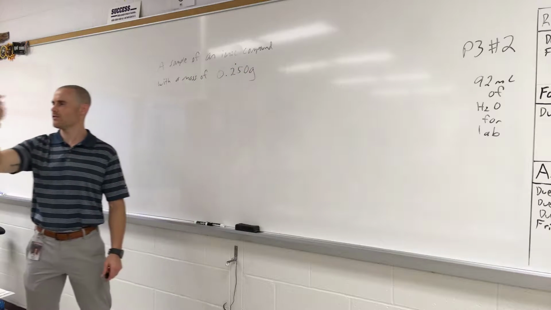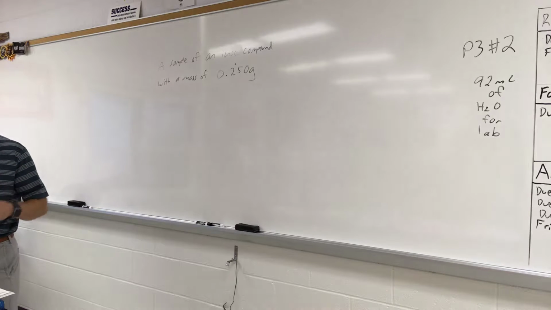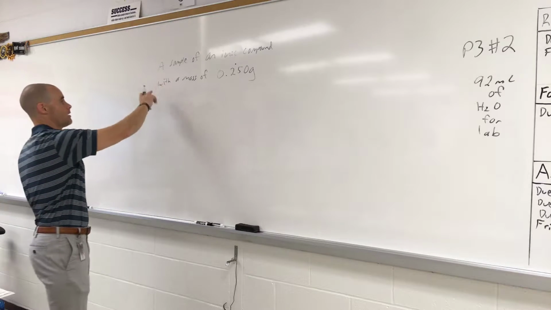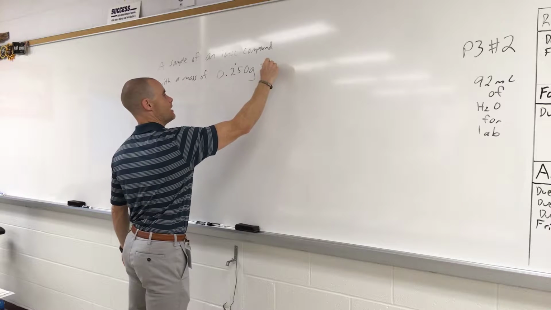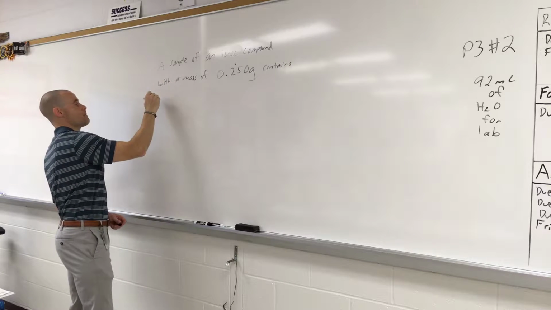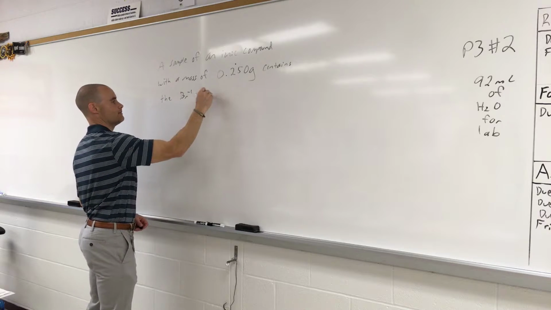Is this marker dark enough for you guys? Okay. I try not to throw them out too early and waste them, but it starts to get too light. A sample of ionic compound contains the Br-1 ion.